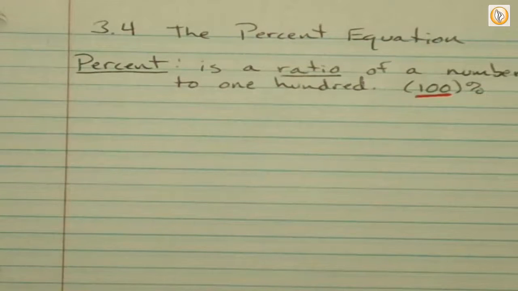What we're doing today are two totally different things, and they put it all in one section. We are learning how to change percents to decimals and to fractions, going back and forth. If I give you a percent, I may say change it to a decimal, or I give you a fraction and say change it to a percent. That's a few extra steps.